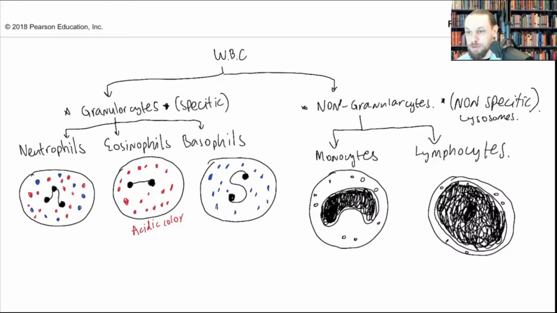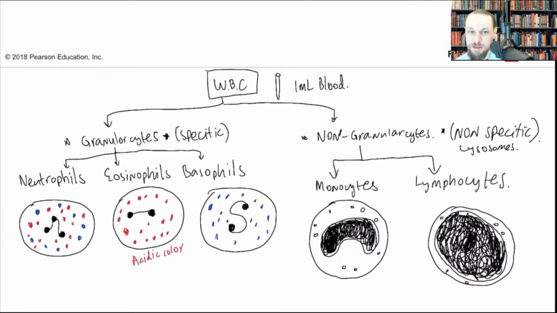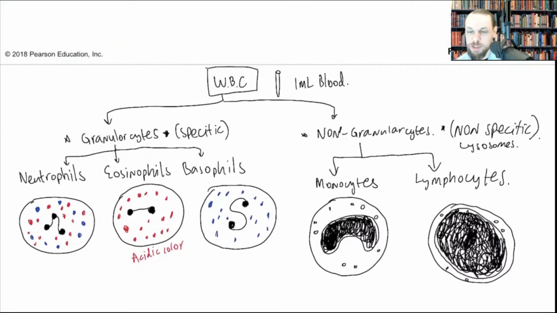Now, when we take your white blood cells, right? And we put it in a test tube, and we measure how much cells there is per 1 ml of blood, right? How much do you think, on a person who is not having an infection, what is their total white blood cell count?